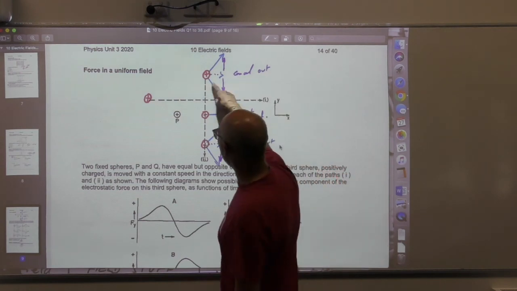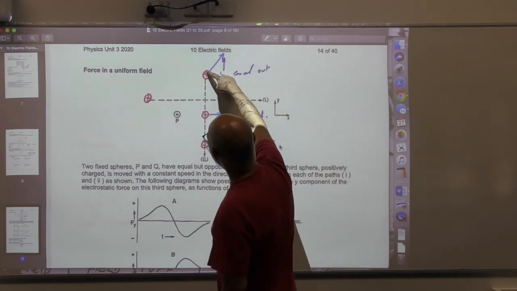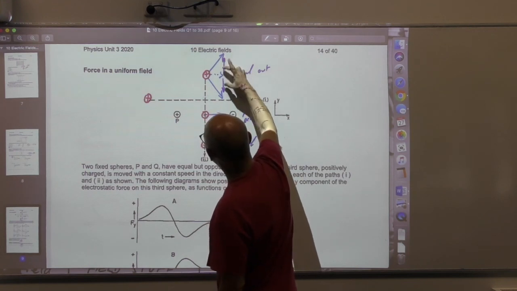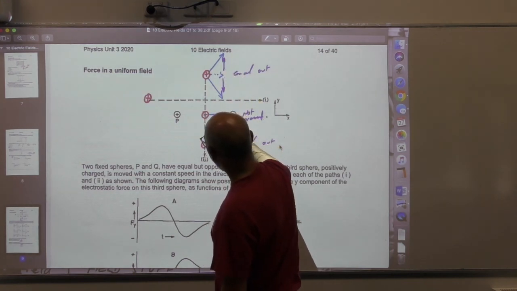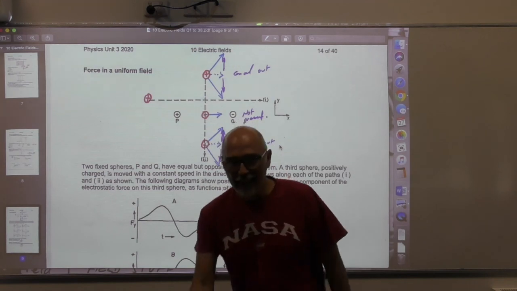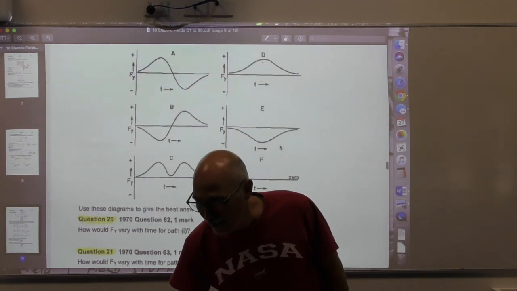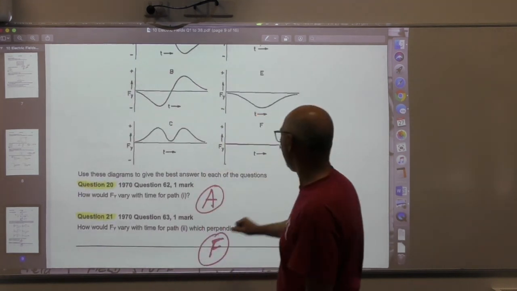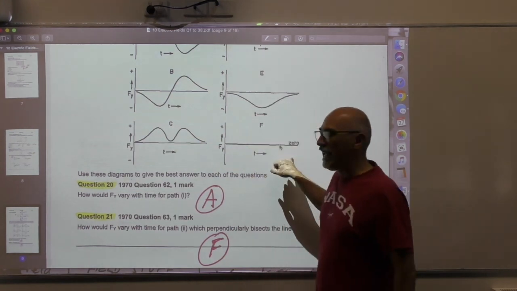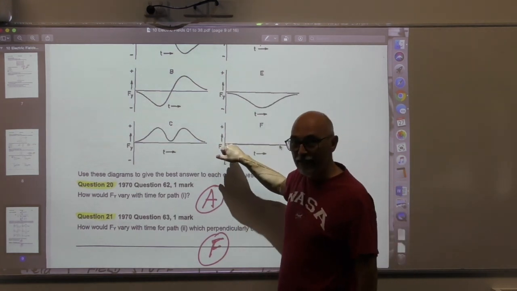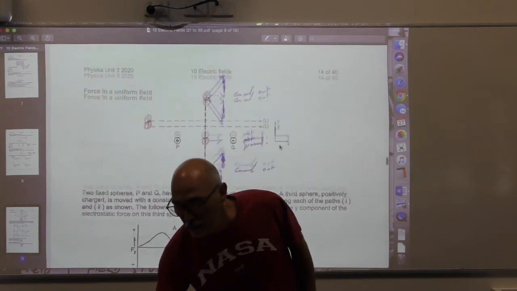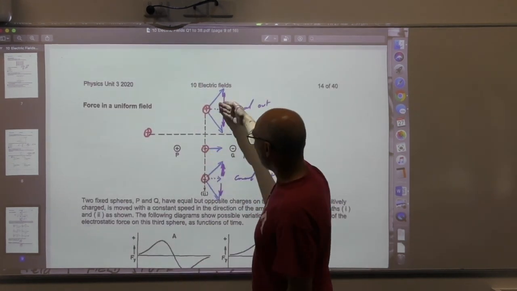Because they're always the same, the y components are always the same. Hence, therefore, the answer is F. There is no force in the y direction as the particle moves from here to here.